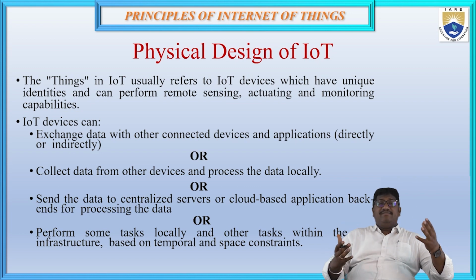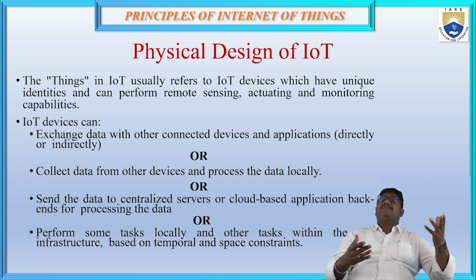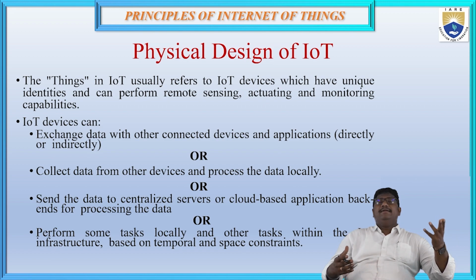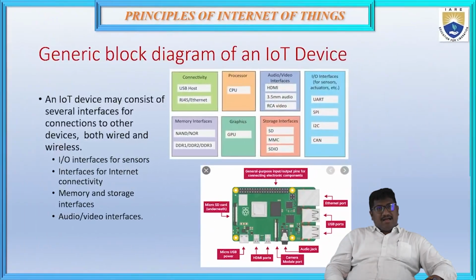Every IoT device exchanges information, collects information, transfers data, sends some information to its nearest neighbors, as well as performs specific tasks. This is how things happen in the physical design of IoT.